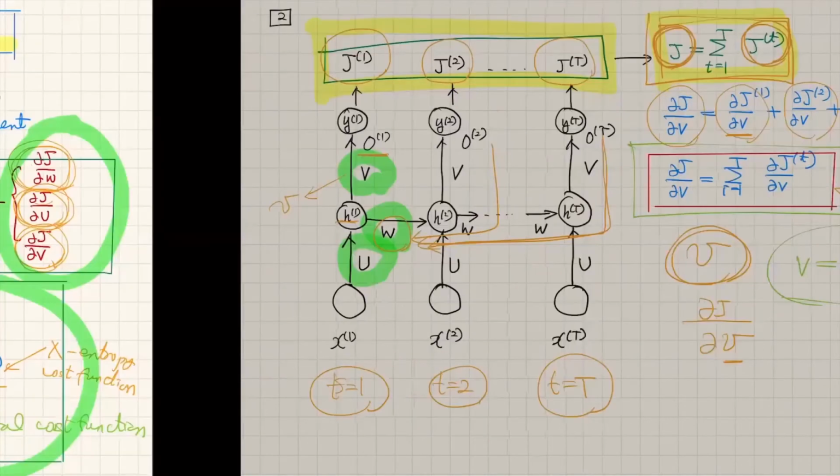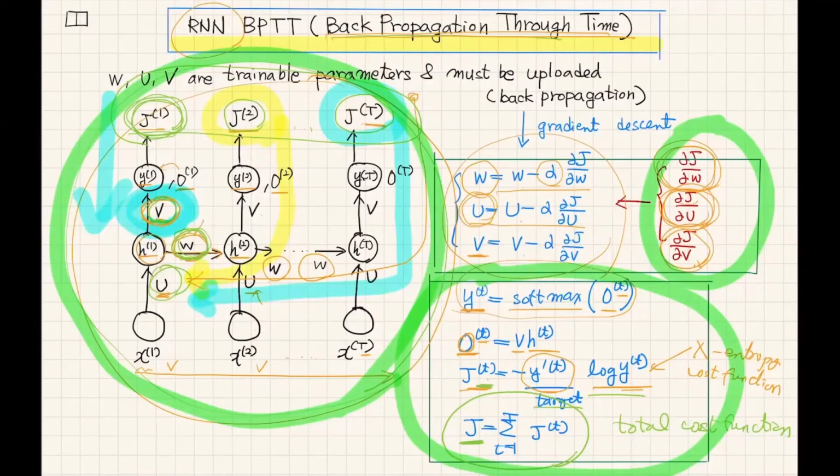Let's come back to the first part of my class again. This is the overview of RNN backpropagation. And in order to apply the gradient descent equation, we have to find this derivative of J with respect to V. Just before I show you this equation, how did I obtain this derivative equation?